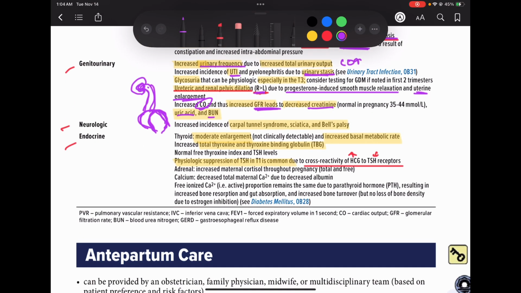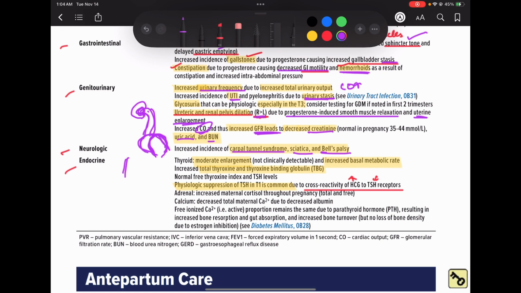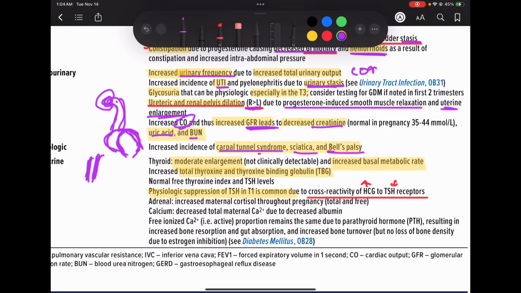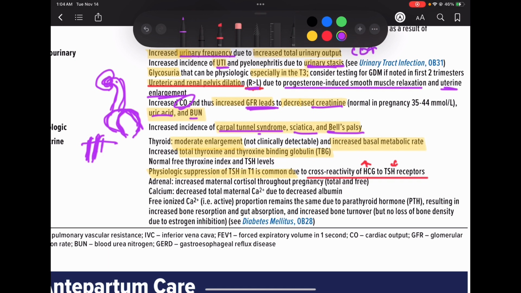Then moving forward to neurological changes, there is an increased incidence of carpal tunnel syndrome, sciatica, or Bell's palsy. This is because of increased cardiac output, the blood vessels tend to swell up, and in tight spaces like the carpal tunnel, the blood vessels would swell up and take most of the area, and that would lead to impingement of nerves around them, like the median nerve.